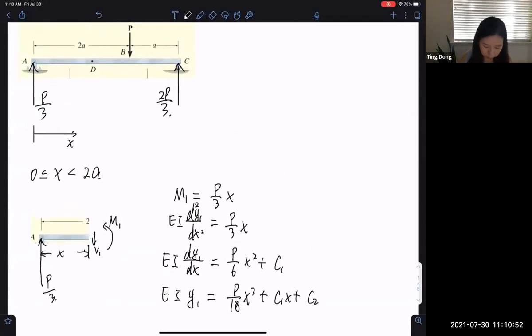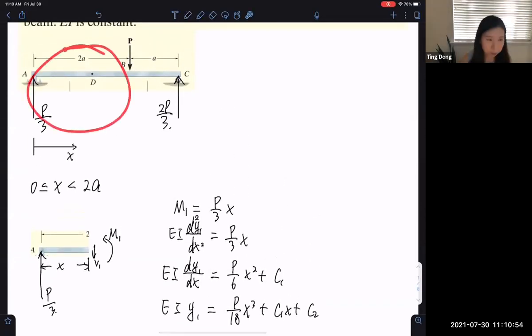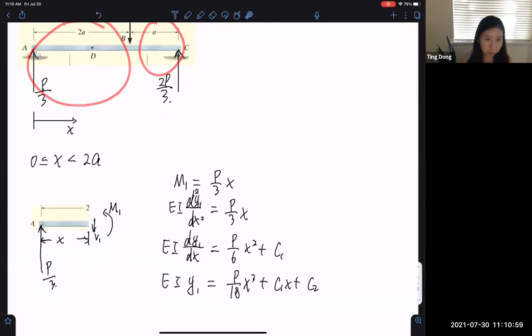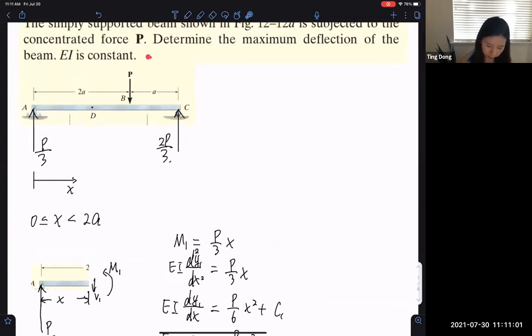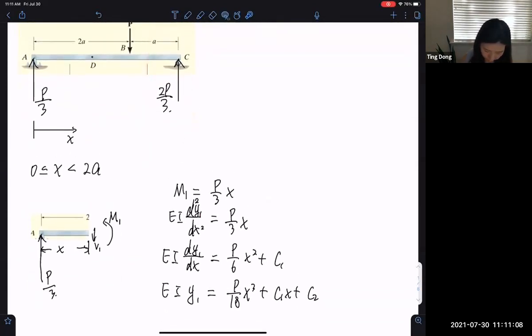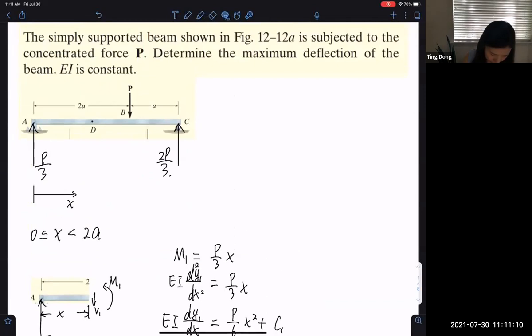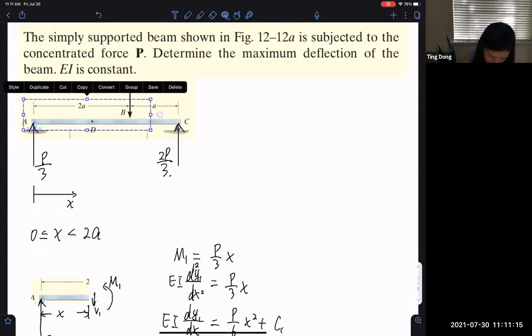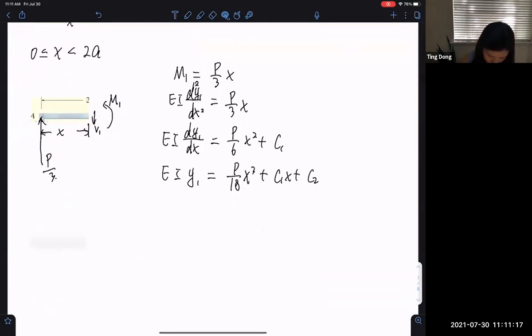So this is for the left part. And now let's check the right part. If we cut through a random point in this section, then we can do a free body diagram like this.